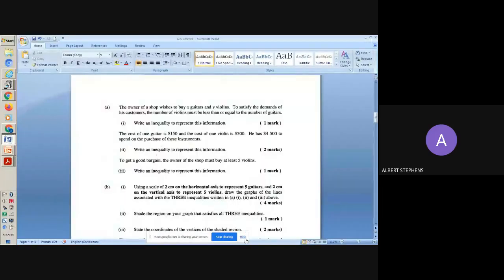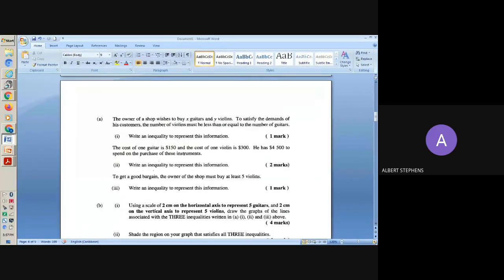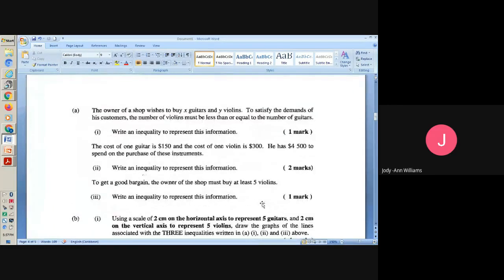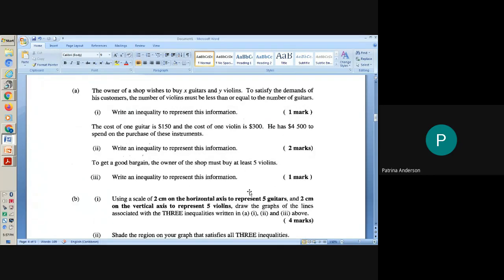All right, are you guys seeing this question here? Something about a guitar and violin? No, sir. Yes. Yes, sir. The person who says no, are you seeing it now? No, sir, I'm not seeing it. I don't even see where it says you're sharing your screen.